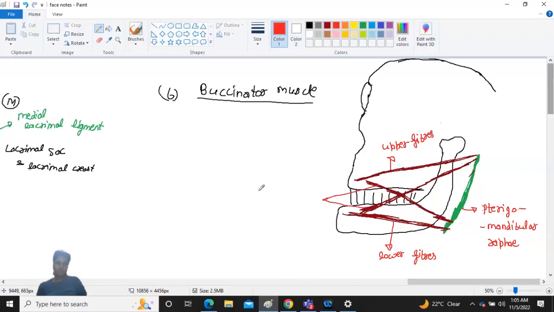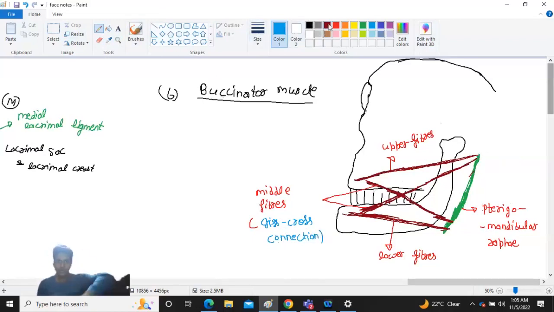Middle fibers have crisscross connection. Done. All three parts have origin.